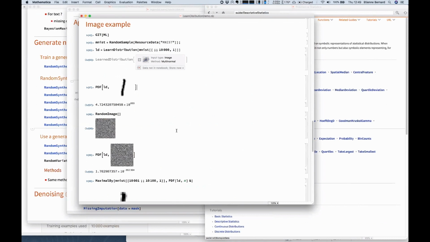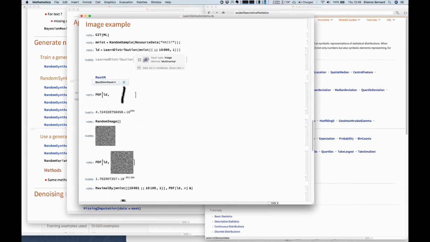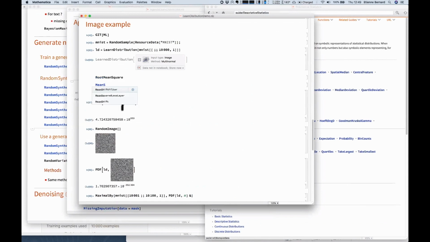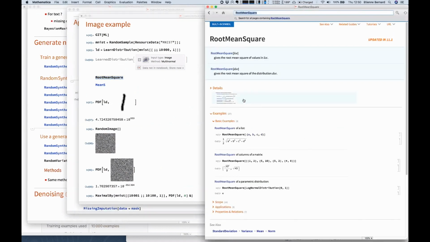Someone is complaining that there's a root mean square, but there isn't a mean squared. Do we want to comment on that, Roger? Say that again. We have a function root mean square, but we don't have a mean squared function. Is that simply because, do we have mean squared operating on distributions? What is mean square? The square of root mean square, I think.